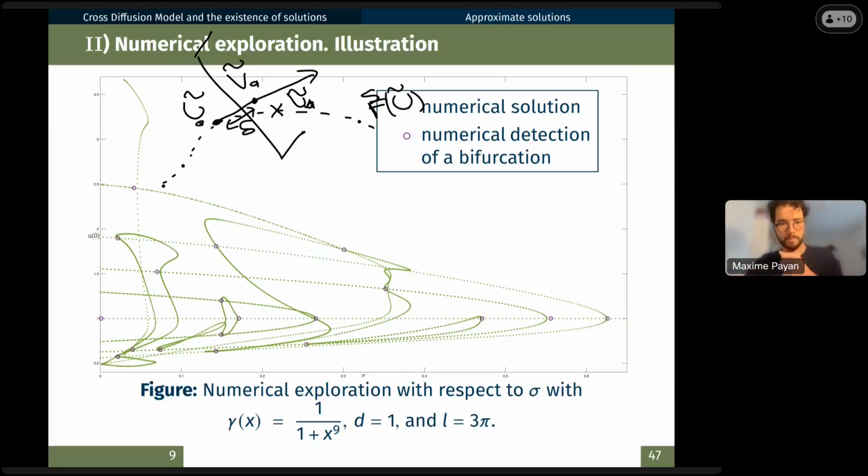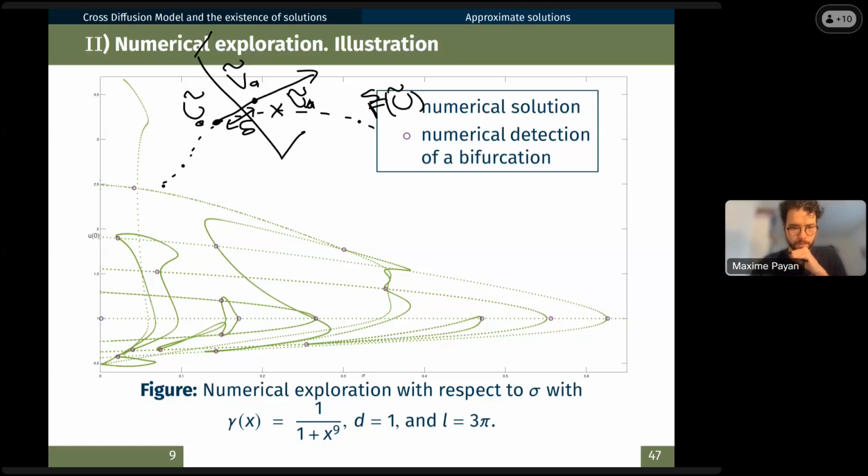So here we have around 6,000 points, and we quickly get those numerical solutions. Okay, so here these are the many steady states we can have from a simple system.